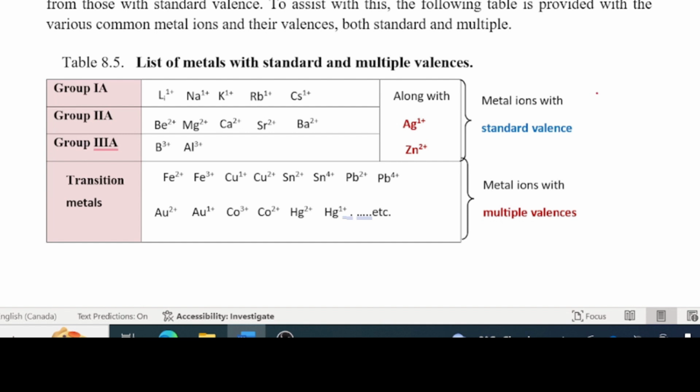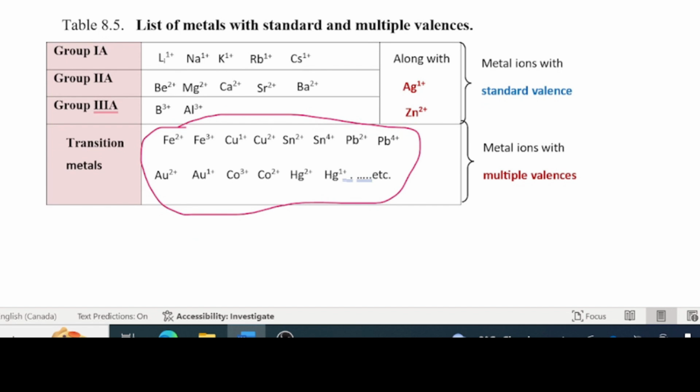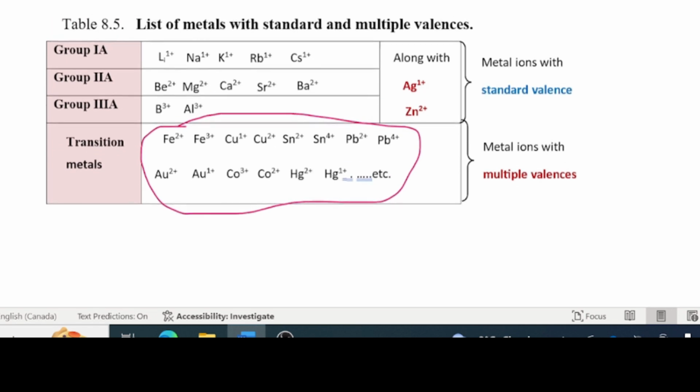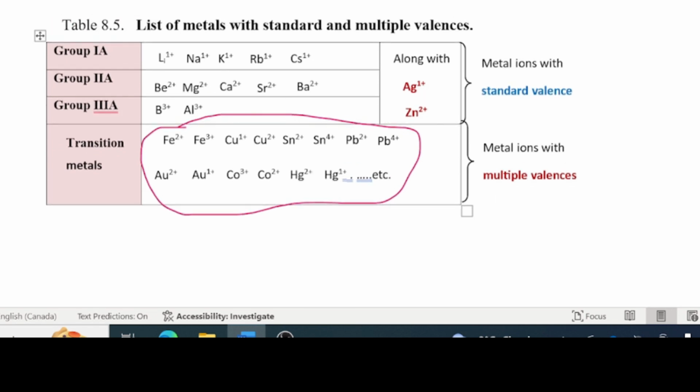I created this little table for them to put to memory, so that they're able to distinguish metal ions with standard valencies from those that have multiple valencies, these ones here, okay? There's a large number here, and these are a smaller number, okay? So if you can put these to memory, you can know which is standard, and you can pluck them out from a group of elements that comprise mainly of these ones here, or you can pluck one of these from these ones here, all right?